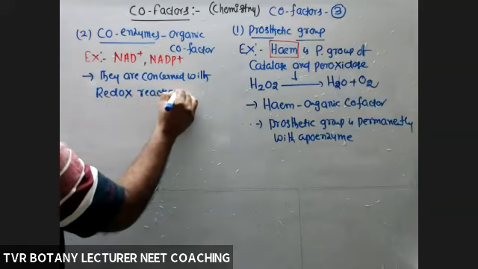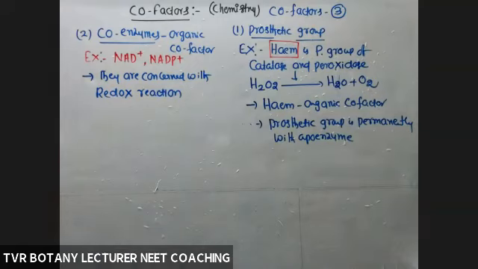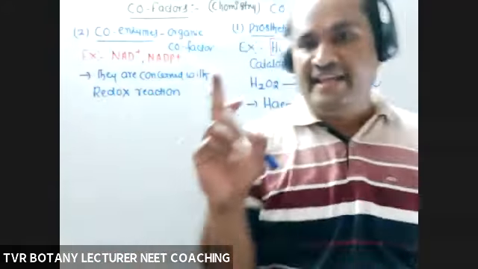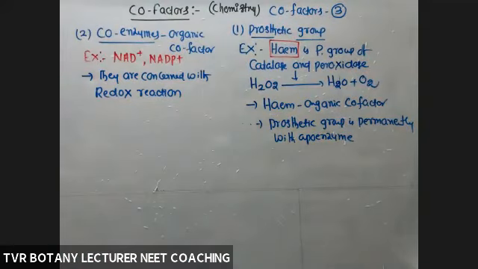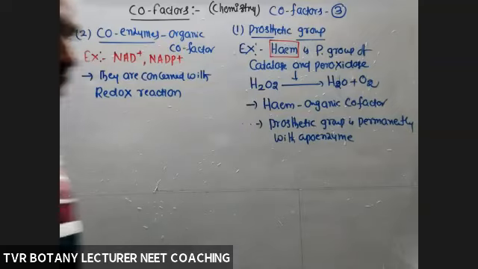Go back to first class, oxidoreductases. Malate plus NAD plus. Their enzyme is malate dehydrogenase. So what about the cofactor of that enzyme? NAD plus. Go back to the first reaction, oxidoreductases.